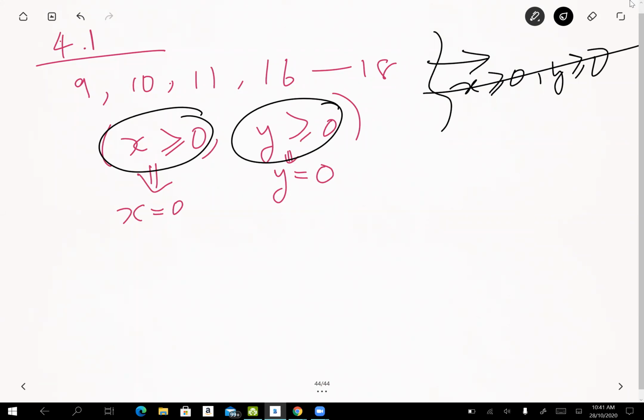Okay, this is good. I mean, we are moving at a good speed. Now what I want to do next is look at a system of inequalities.